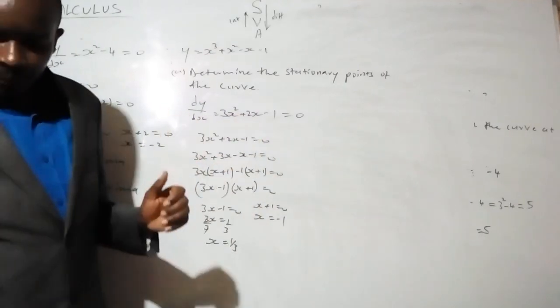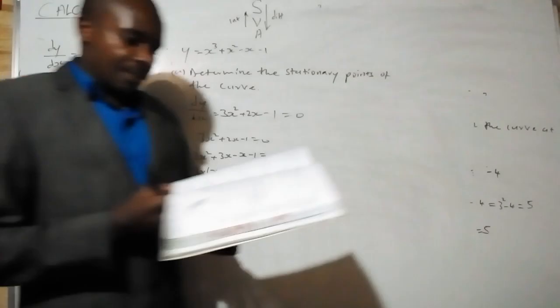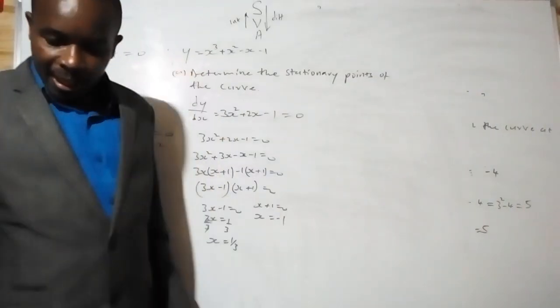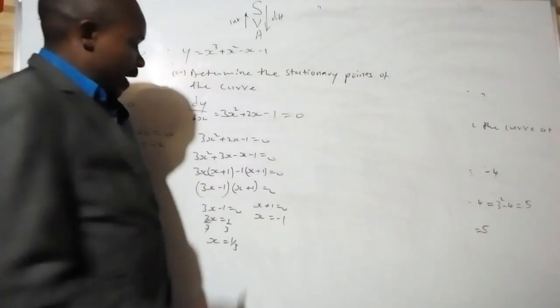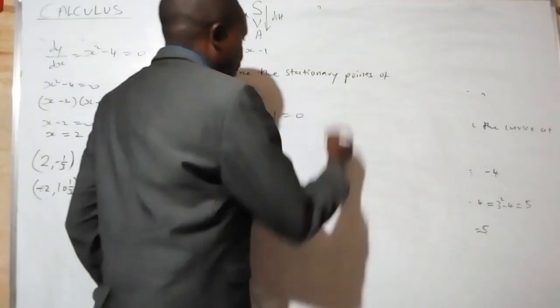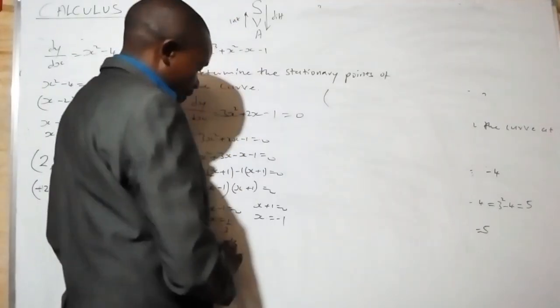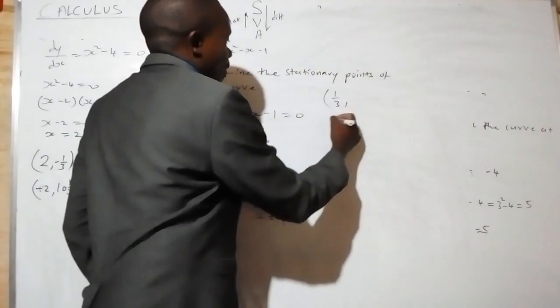The nature of the stationary points of the curve. Then come here. One of the x's is a third, the other one is negative 1.